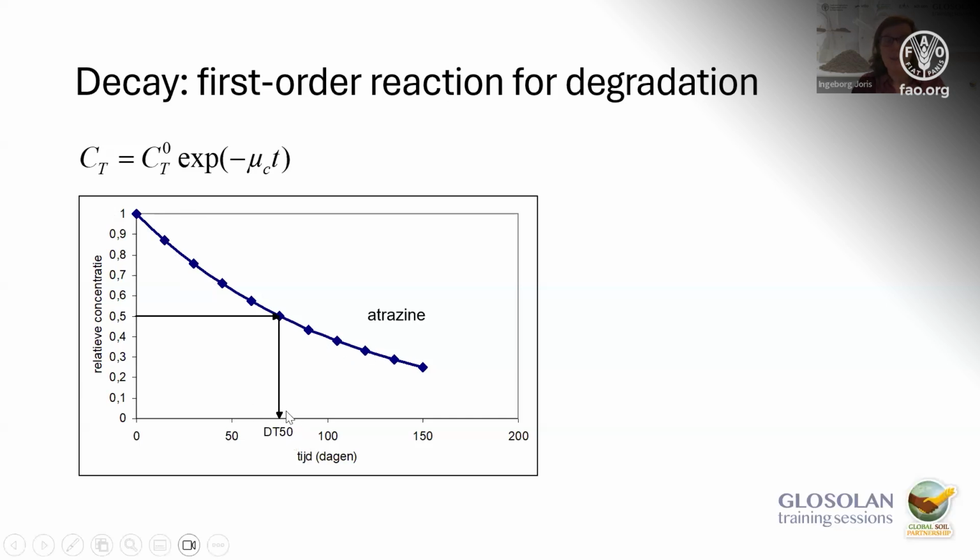So this DT50 is the key parameter here. The DT50 is the time it takes to go from the initial concentration to half of your initial concentration. So this is called the half-life. You go from the initial value to half the value. And this time is then the DT50, or the half-life.